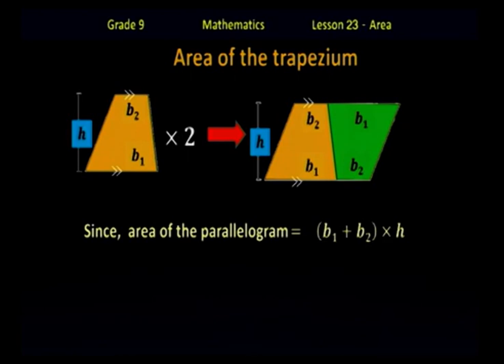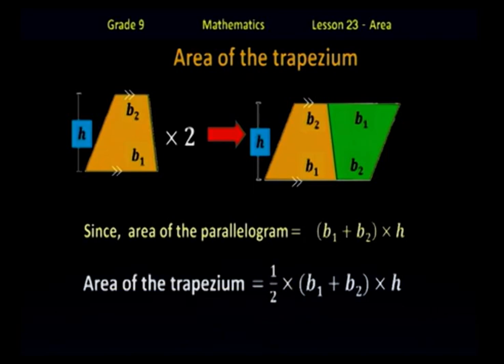Because it is the base of the parallelogram. The base is formed by joining the sides b1 and b2, so the base is represented as b1 plus b2. And what is the height? It is denoted simply by h.